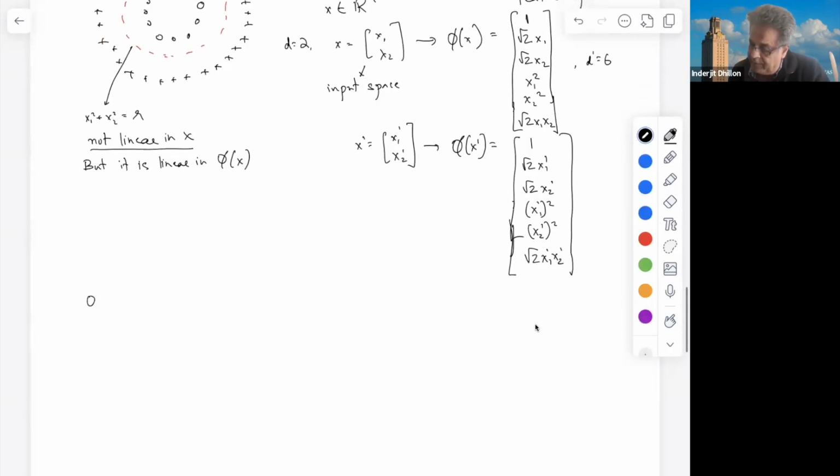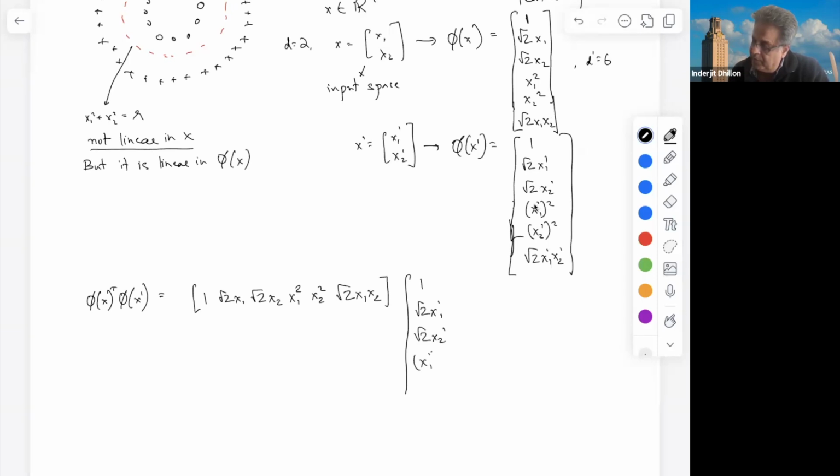So phi x transpose phi x prime is equal to, I'm just going to copy this: 1, square root 2 x1, square root 2 x2, x1 square, x2 square, square root 2 x1 x2, and then 1, square root 2 x1 prime, square root 2 x2 prime, x1 prime square, x2 prime square, square root 2 x1 prime x2 prime.